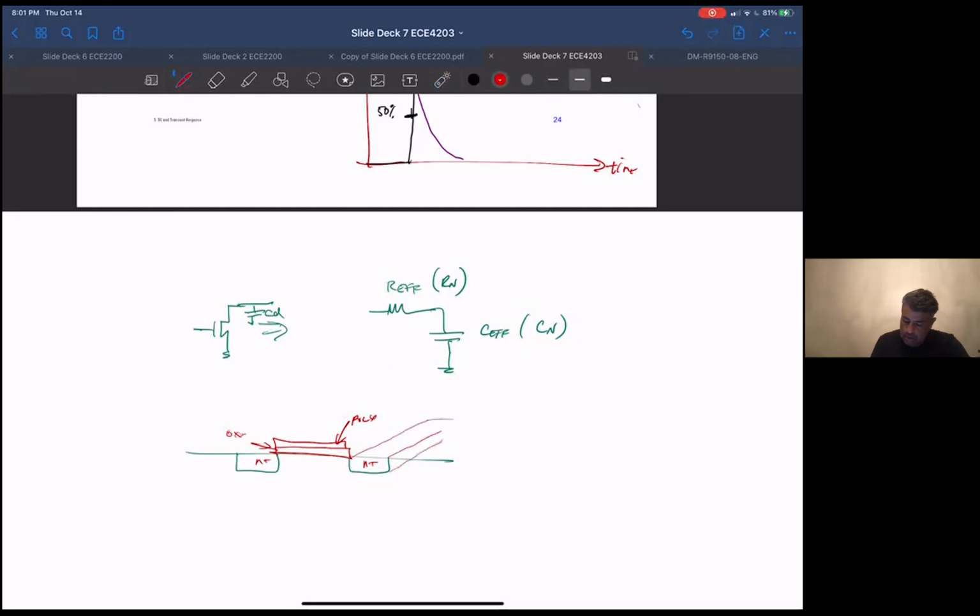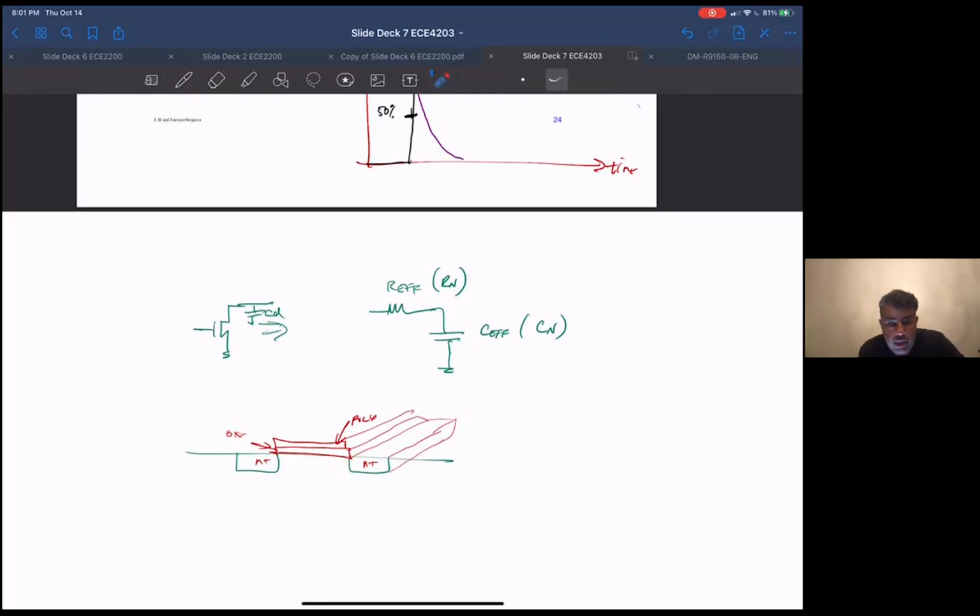I'm really bad at drawing these things, but as I increase the width, this junction area is getting bigger and bigger, sort of linearly with the width increase. So my resistance goes down, but my capacitance goes up.